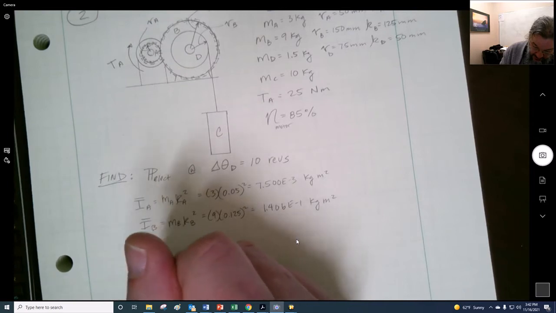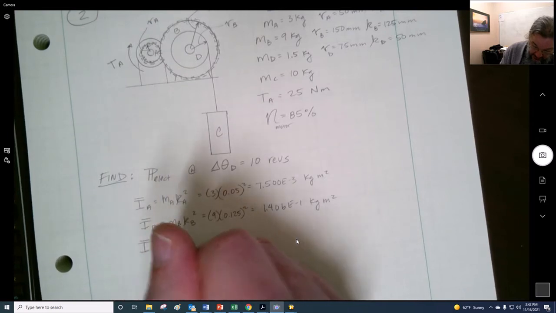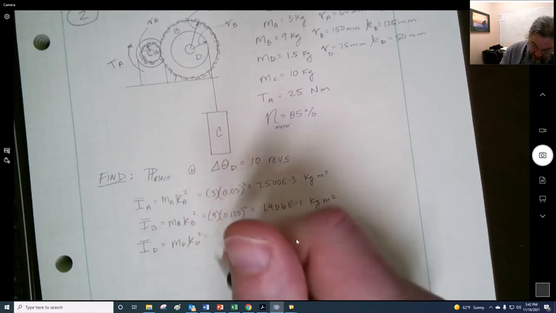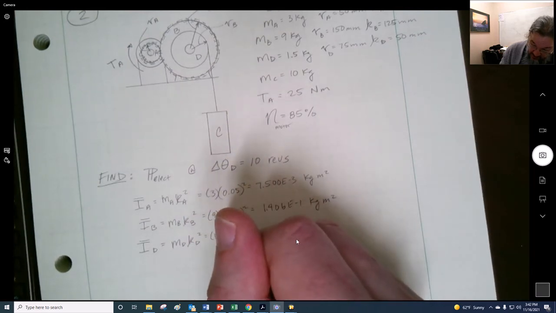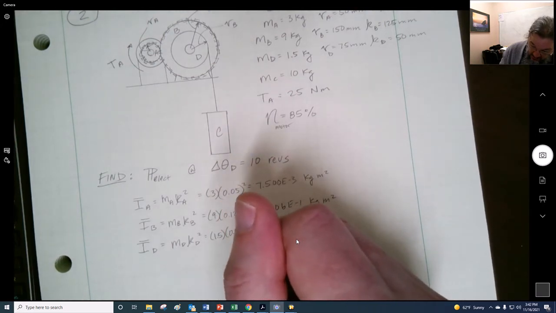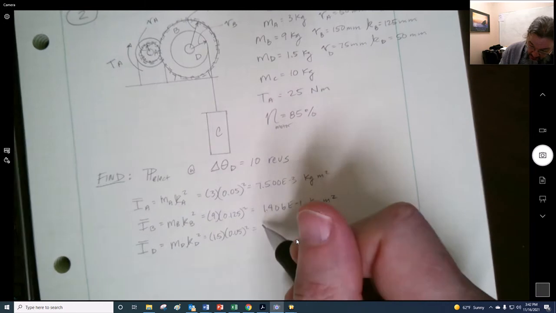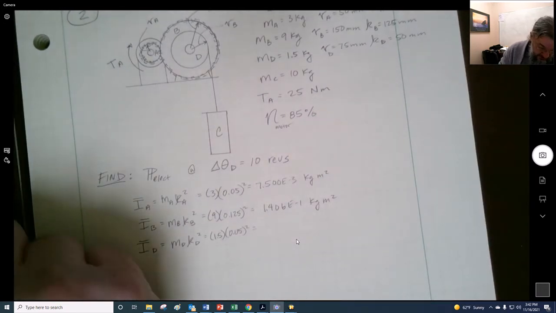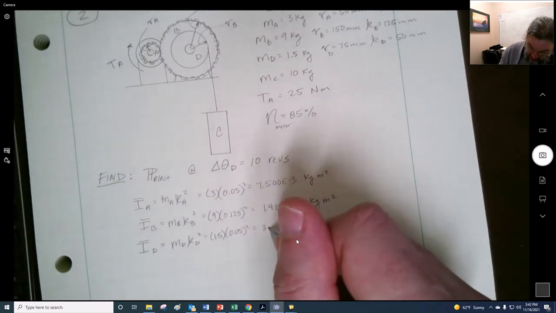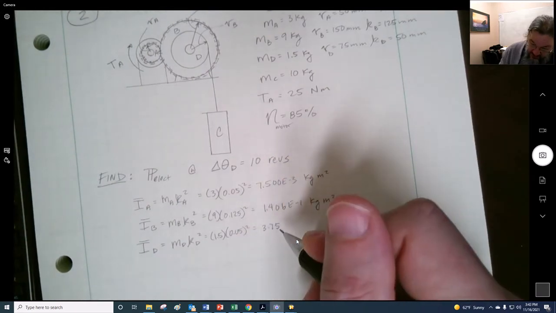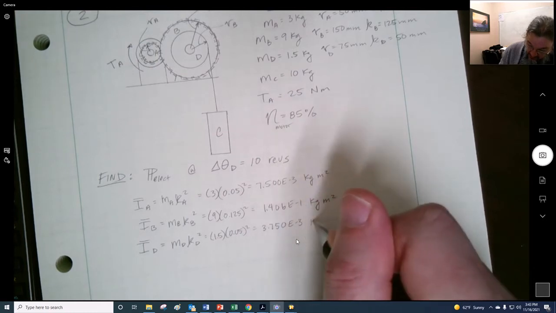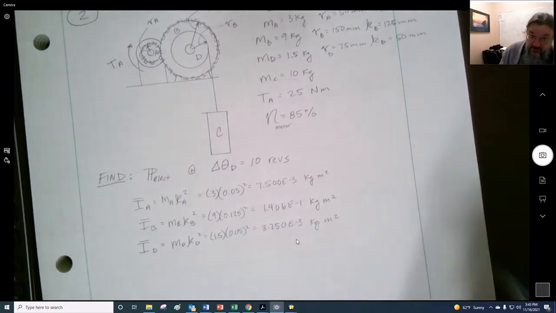And then the last one is D. So we get the mass of D times KD squared. That ought to be pretty small. Got a small mass, got a small radius of gyration, so 0.05 squared times 1.5 is 3.75 E minus 3 kilogram meter squared. It makes sense that it's 1/2 of it.